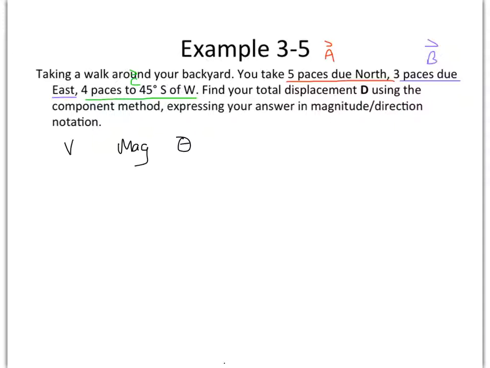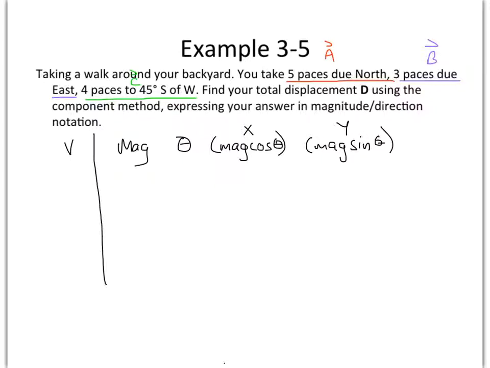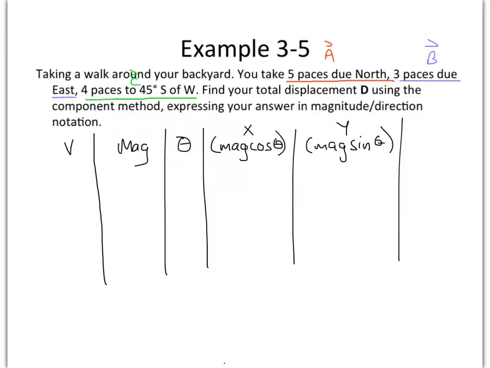That's our direction. And then I'm going to make 2 columns that are a little bit wider, actually. I'm going to write X, and underneath X, I'm going to put mag cosine theta. And under Y, I'm going to put mag sine theta, like so. All right, and I'm going to just kind of draw some dividers like this.